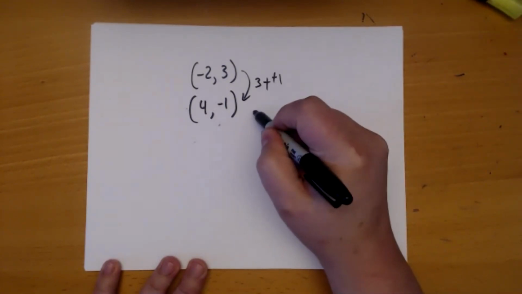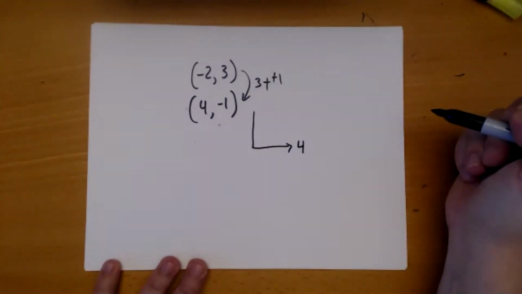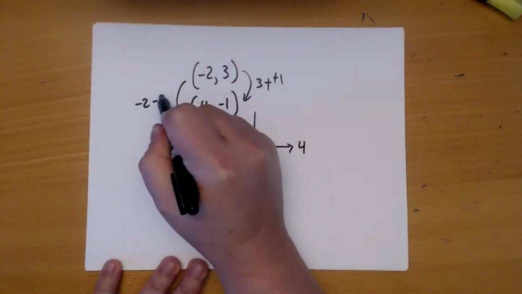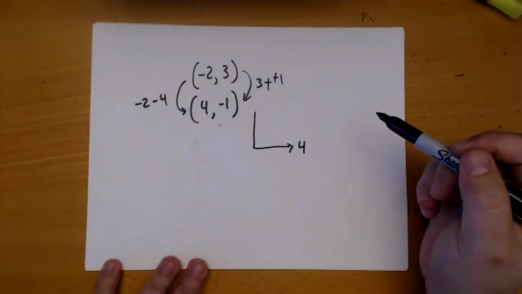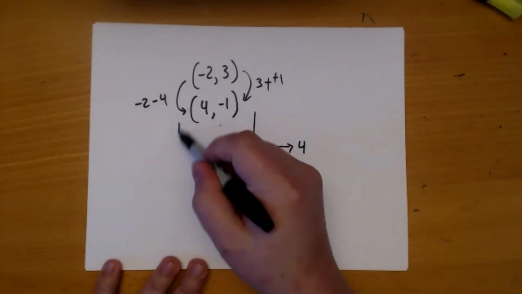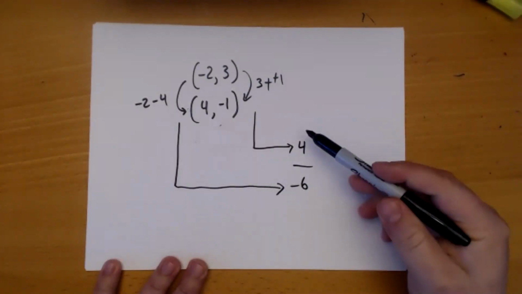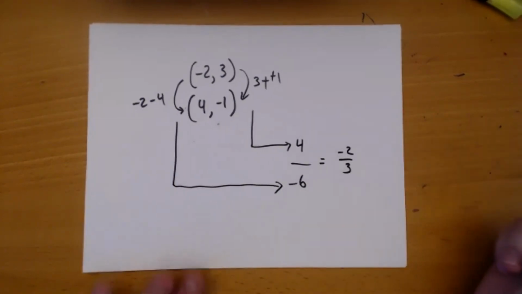And it equals 4. -2 minus 4 is -6. And now we just reduce the fraction. And we're done.